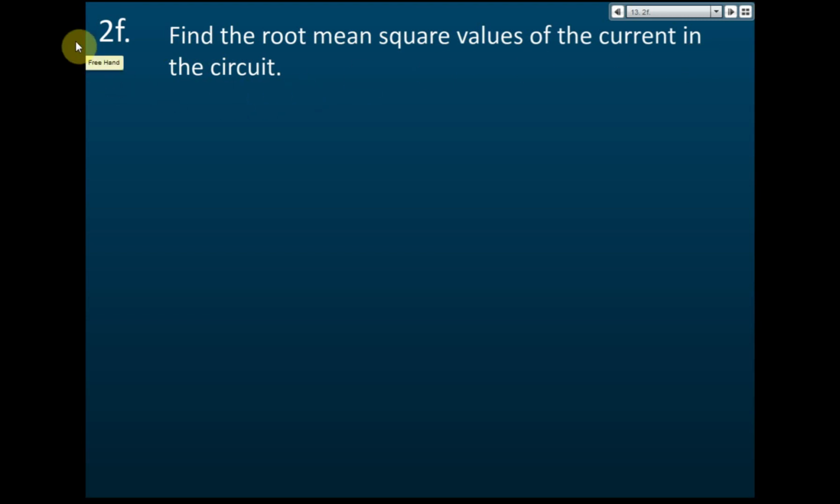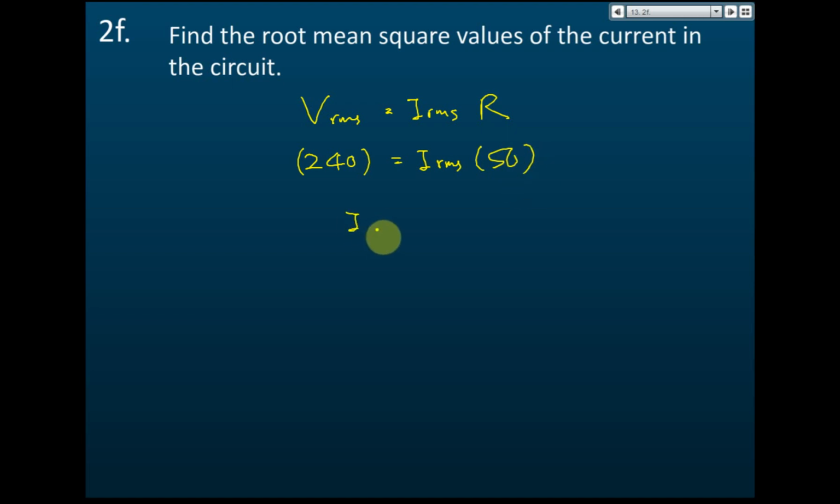2F, find the root mean square value of the current in the circuit. Now I think we have done this just now in question A, yeah? We use the formula V RMS equals I RMS R. The V RMS is 240, I RMS we don't know, and R is 50. So the root mean square current is equal to 4.8.